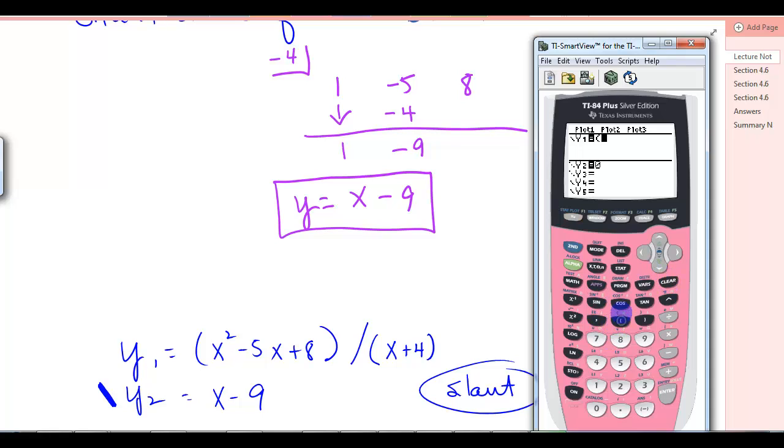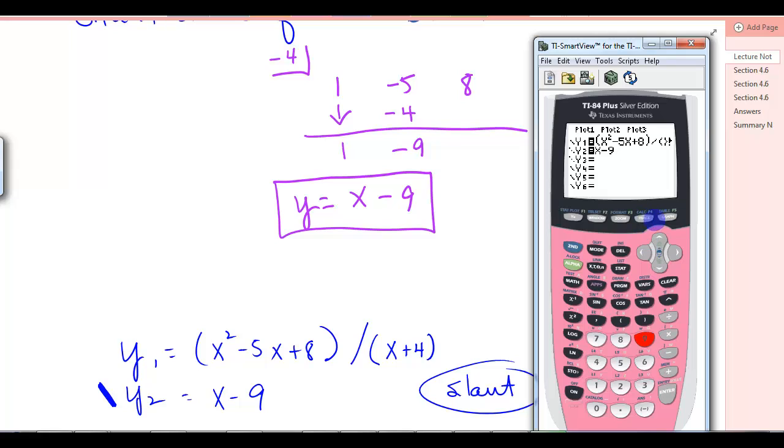So in y1, we'll have x squared minus 5x plus 8 divided by x plus 4. And in y2, we'll put x minus 9.